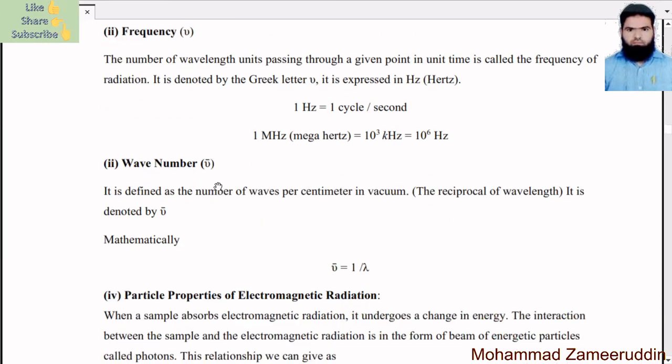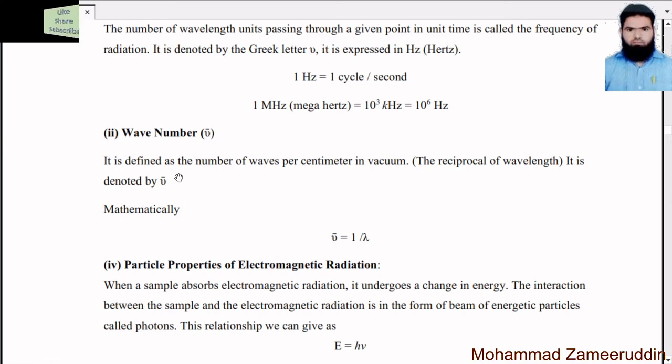Now the next parameter is the wave number, denoted by nu bar. It is defined as the number of waves per centimeter in a vacuum. Suppose you consider a 1 centimeter distance, then how many wavelengths can fit in it? If the wavelength is smaller, more waves fit in 1 centimeter, so it will have a higher wave number.